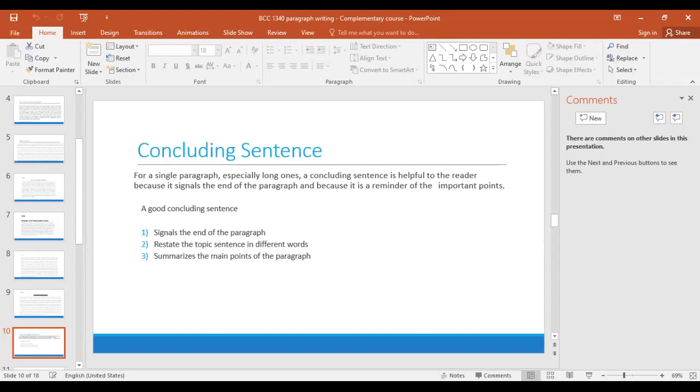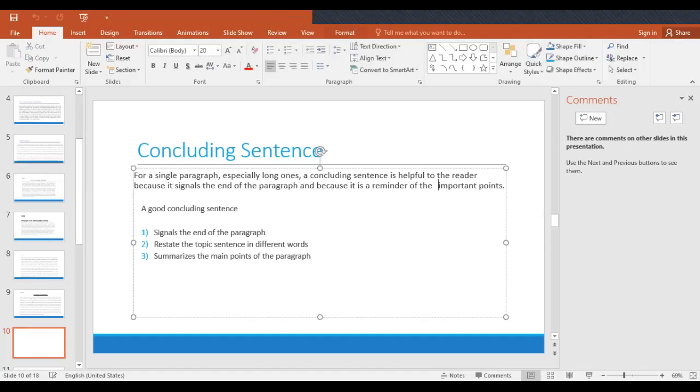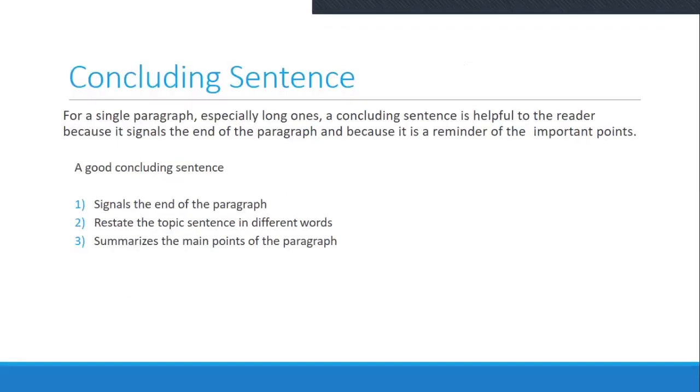The student has actually completed the paragraph and has not just ended abruptly, right? So the fact that the student has come to a conclusion in the paragraph can be seen when you have a concluding sentence. And of course, if it's a very lengthy paragraph, it's important to remind the reader what you are actually talking about so long in this paragraph. So those are things that are done with the use of a concluding sentence.